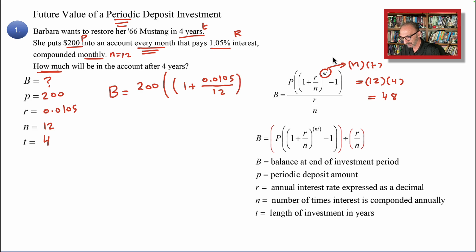Close the second one, minus 1, then close the first one that we opened for the numerator. The product of 200, all over 0.0105 divided by 12.